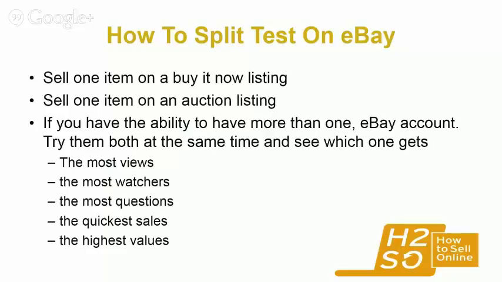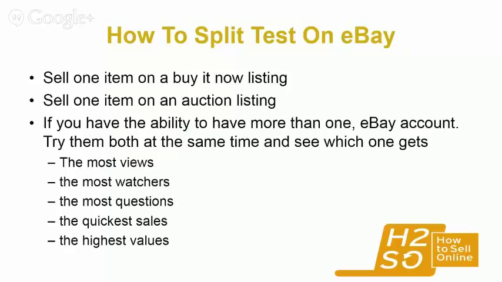And which has the quickest sales? If your buy it now listing sells at the rate of 3 or 4 to 1, so 1 in auction, then obviously you need it on as a buy it now. If your auction is selling every 10 days and on buy it now you're not selling any, yes, you need to be auctioning it off.